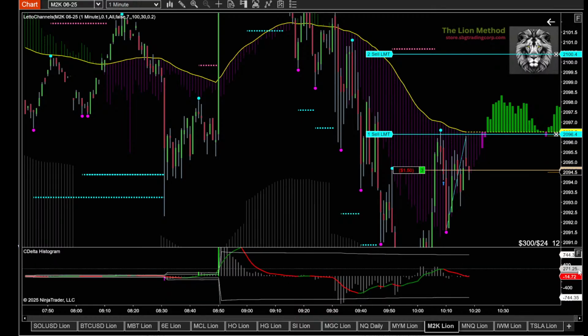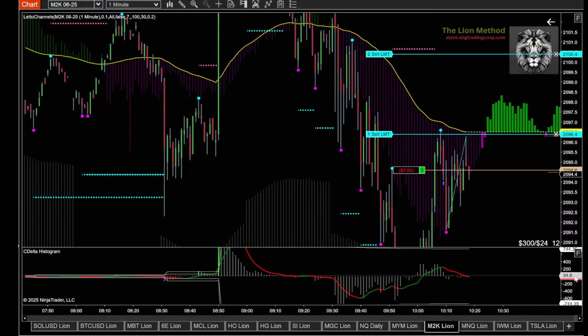Delta is just zilcho. Net delta is zilcho.